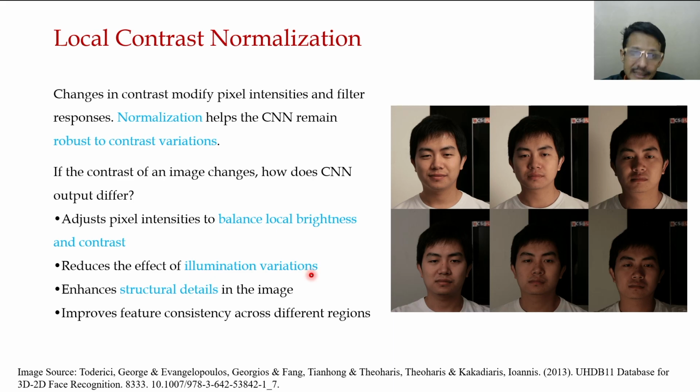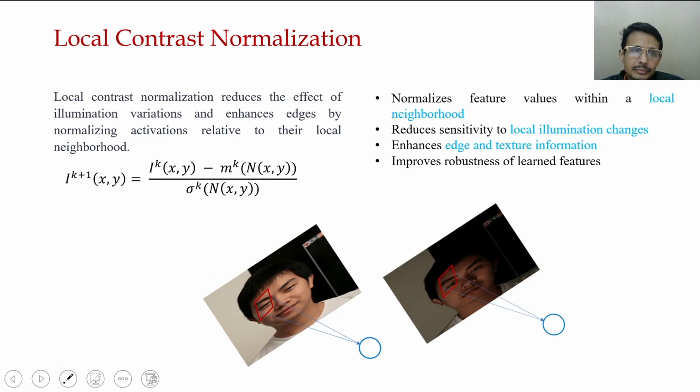But how can we do this? The basic idea is we use this particular formula of local contrast normalization to reduce the effect of illumination variation and enhance the edges by normalizing the activation relative to the local neighborhood. The normalization is done by taking this value, minus the mean, divided by the standard deviation.